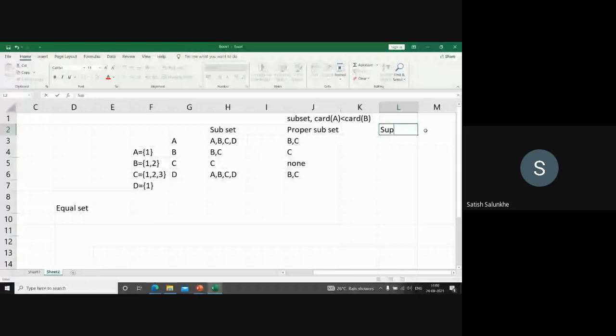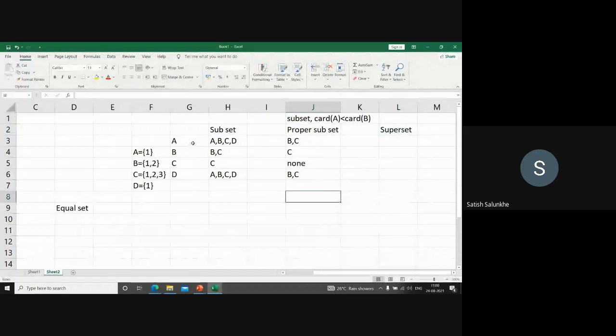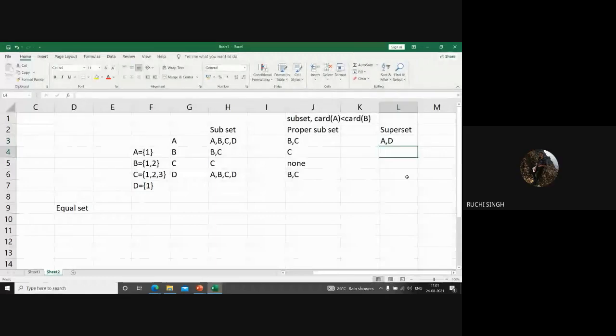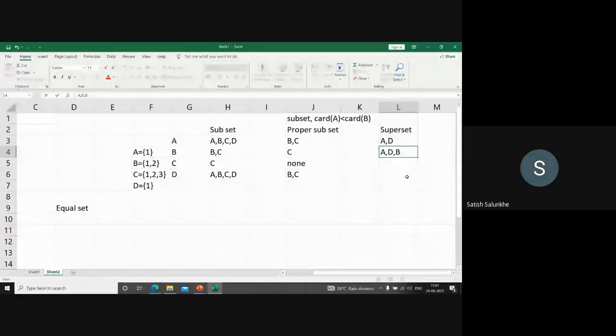Let me know now about superset. We'll quickly wind up as we are nearing the end of time. What is A a superset of? A and D. B is a superset of A and D. What about C?